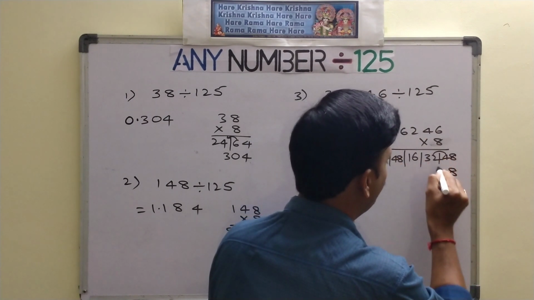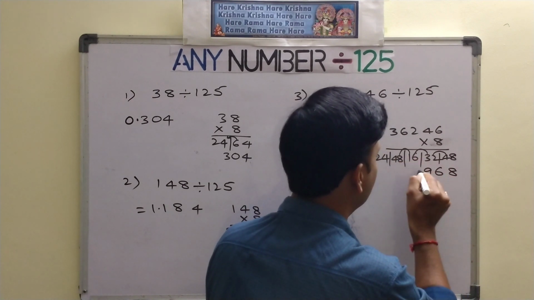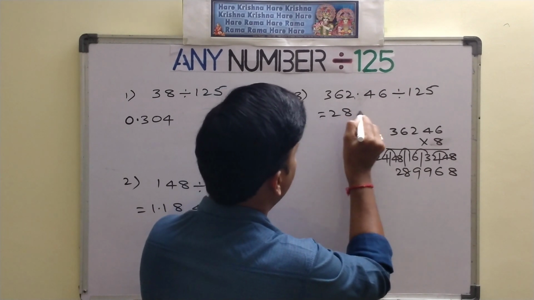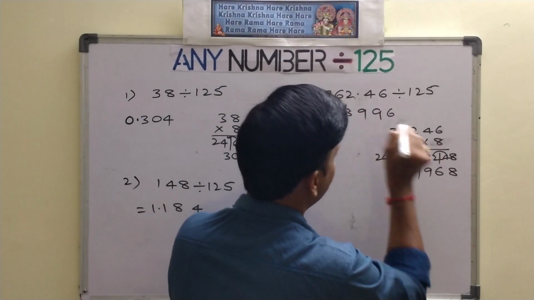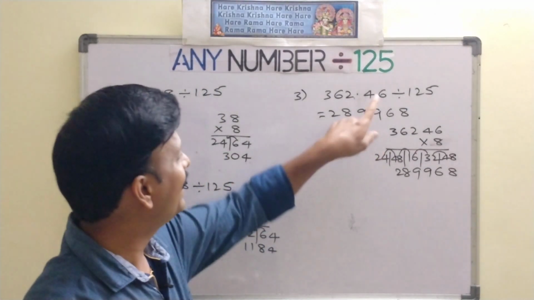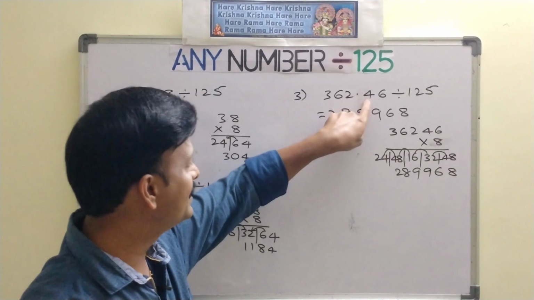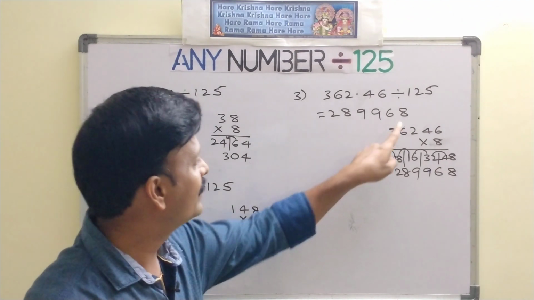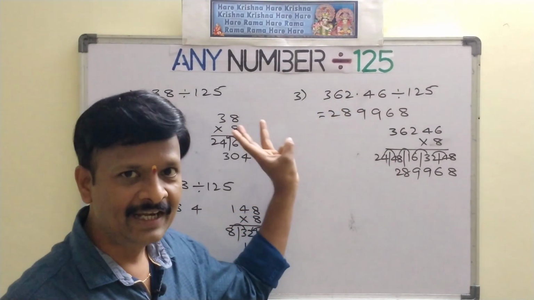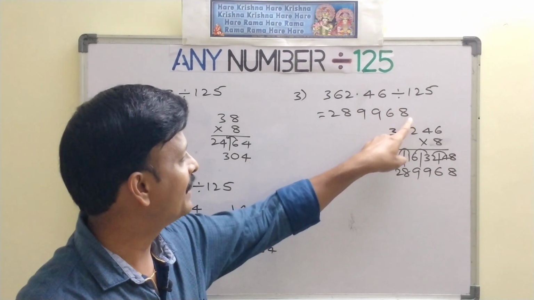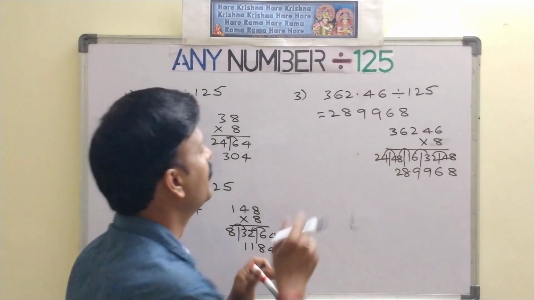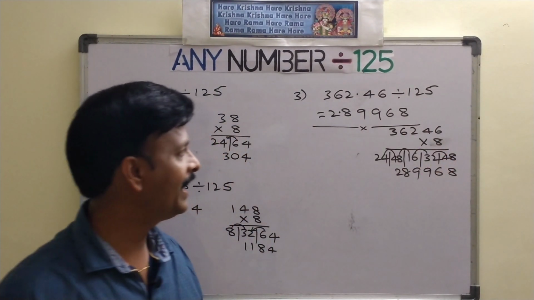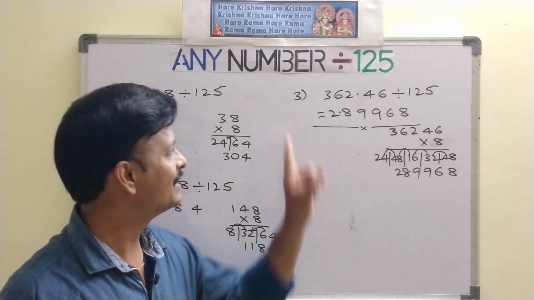With the carries added, write down 289,968. Already in the given number, from the right hand side, after 2 digits there is a decimal point. Now you need to move it 3 more digits. So that is 2 plus 3, 5 digits from the right hand side. 1, 2, 3, 4, 5. You can put the decimal point here. Our answer is 2.89968 when you divide 362.46 by 125.